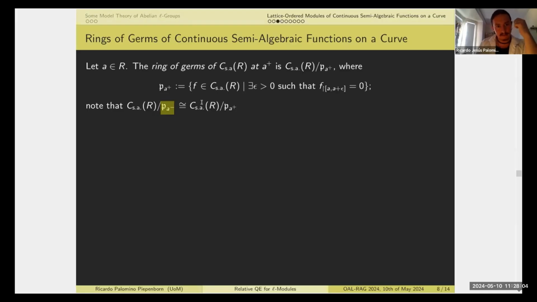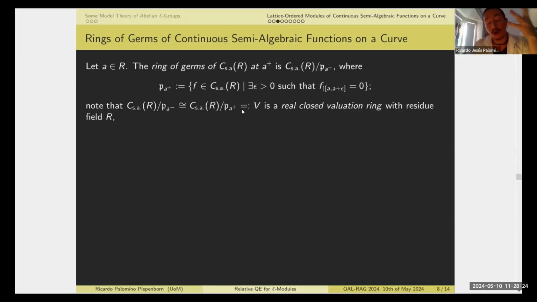But the crucial thing here is that they're not only domains, but they turn out to be also valuation rings, not only valuation rings, but real closed valuation rings. So equivalently, these are proper convex subrings of real closed fields, or valuation rings which are real closed in the sense of Niels Schwartz.